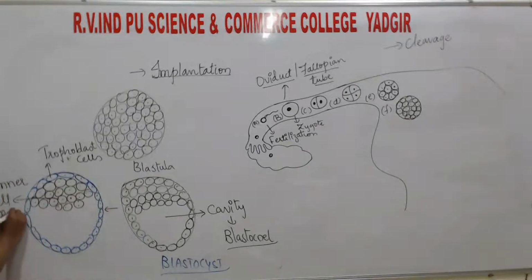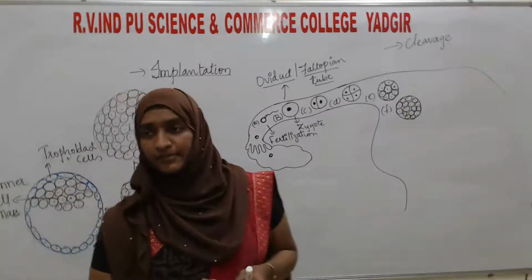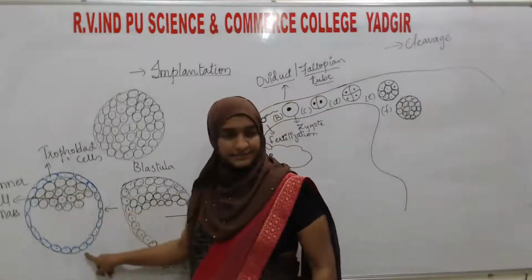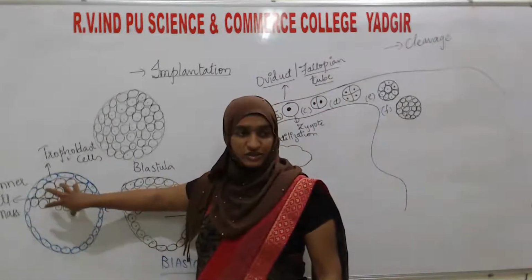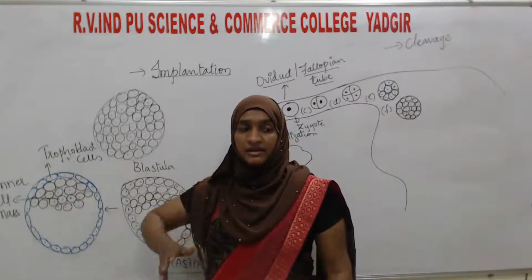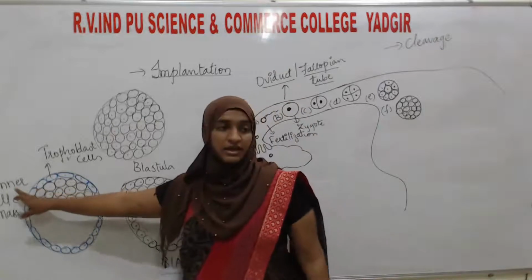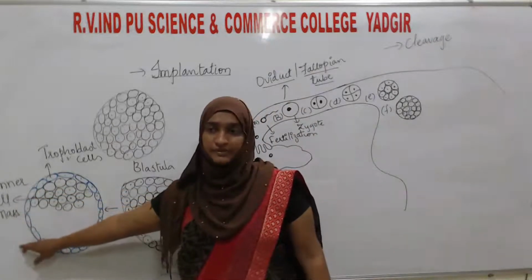What is it? This is known as the inner cell mass. Okay, see here, the mass of cells present on the inner side of the trophoblast layer is known as the inner cell mass.